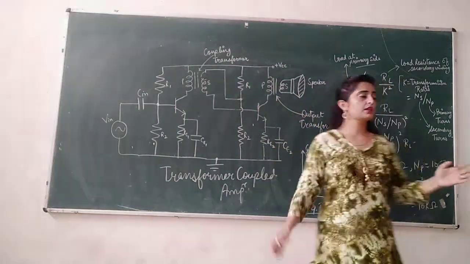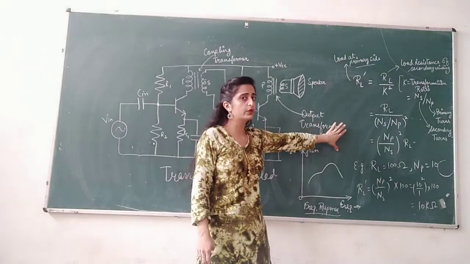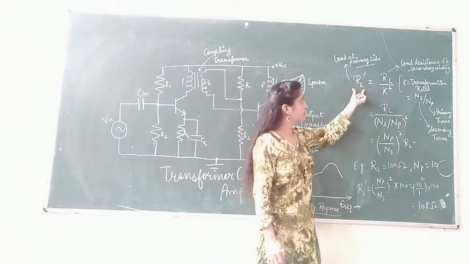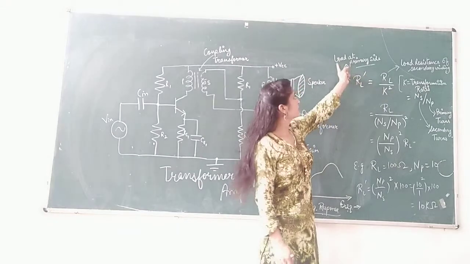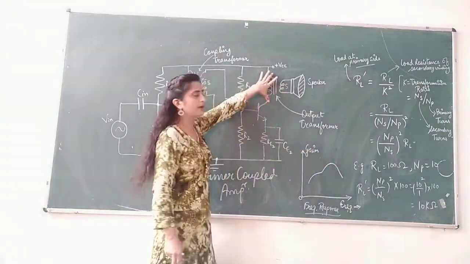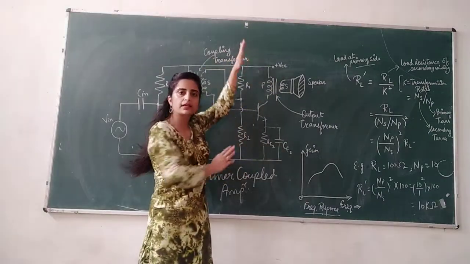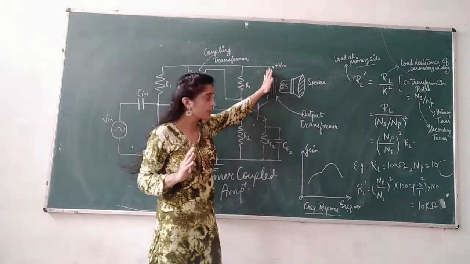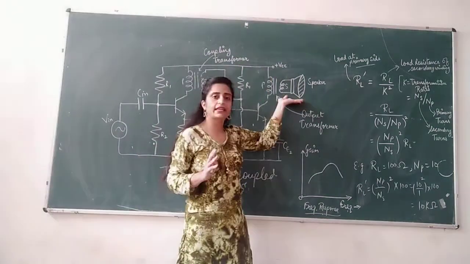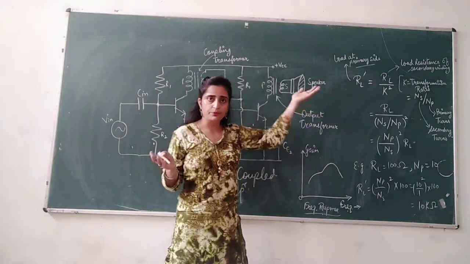Right? If we consider the impedance matching criteria, then how it will work is, for example, RL dash is the load at the primary side. Means at the primary side, this second amplifier circuit is working as a load, and at the secondary side, this speaker is working as a load, right?